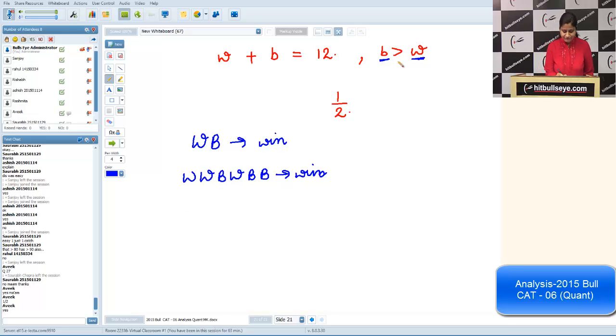Again, as you can see in the cases I have written, every time you are ending at the black ball. So if you take the reverse of this, it will be a case when you are starting your string with the black ball, choosing black ball as the first ball, and you are winning.